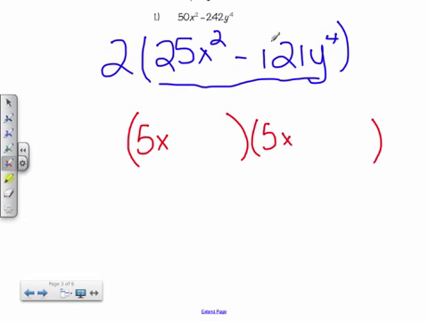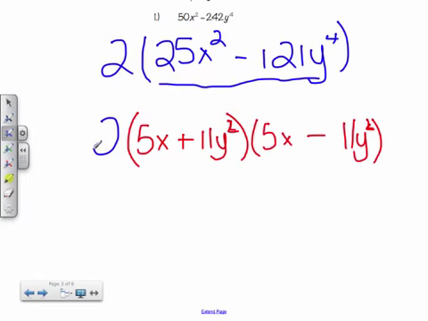The square root of 121y to the fourth is 11y squared, and remember, in order for the middle terms to cancel out, this has to be a positive and this has to be a negative. It doesn't matter what order as long as they are different signs. Now, do not forget to bring down this GCF right here. You can't ignore it. So this GCF still goes in front right here.